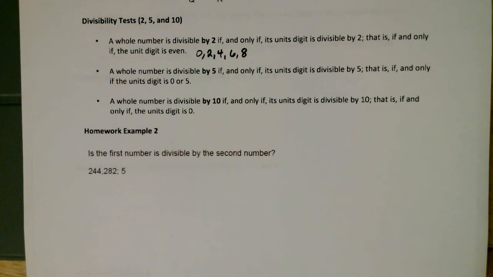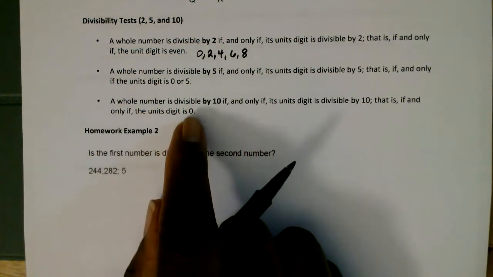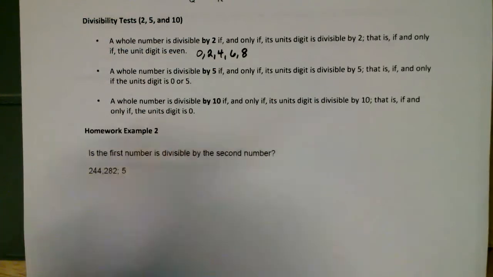That is, if and only if the units digit, or the ones digit, ends with a 0 or a 5. And a whole number is divisible by 10 if and only if its units digit is 0. It must end in 0 in order for that number to be divisible by 10.